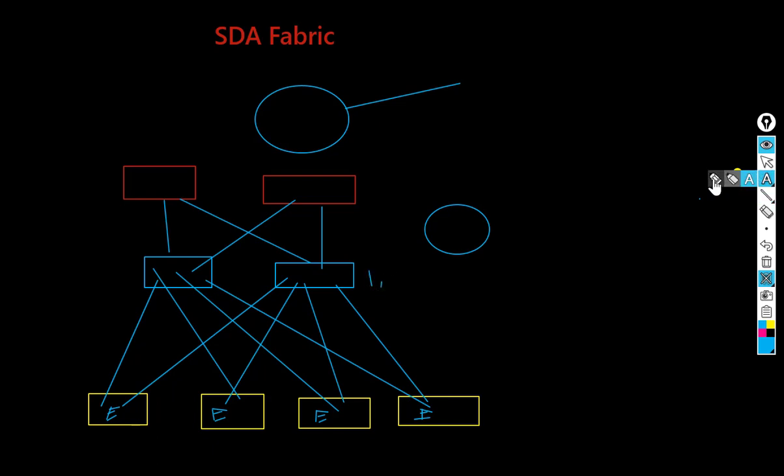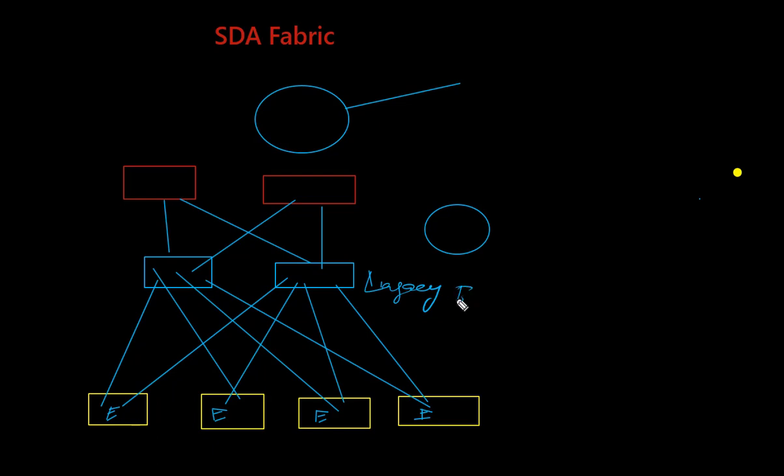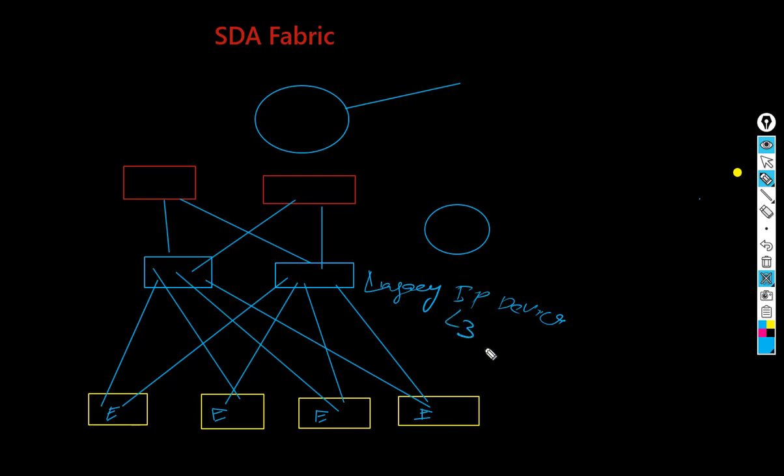So we look at the edge nodes at the bottom in yellow colors, and in the middle of the fabric the devices can be legacy IP devices as long as they support layer 3 connectivity. And then we have the border and control nodes.